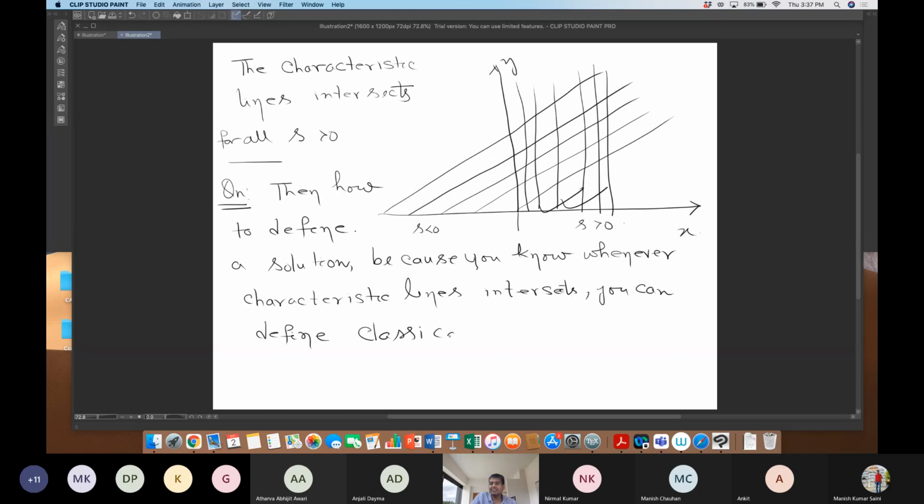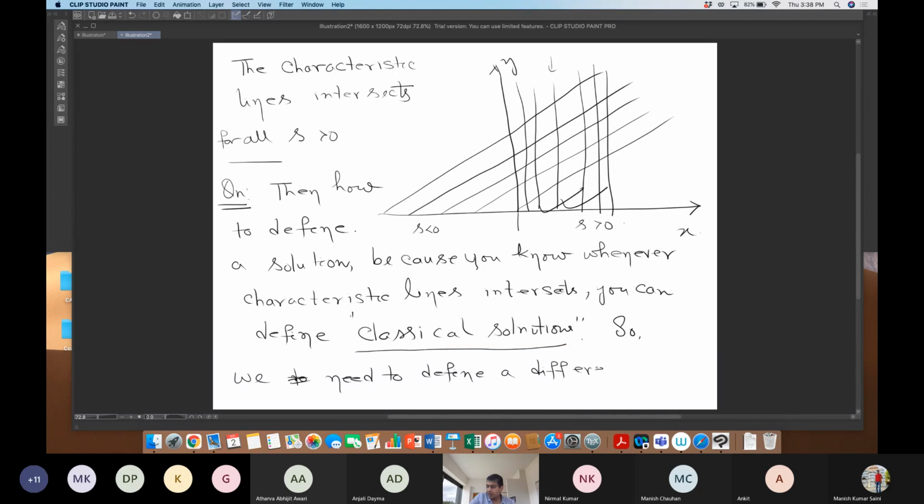You know what is the meaning of classical? That is a C2 solution, classical solution, smooth solution, pointwise sense solution. So for this type of case, when the characteristic lines intersect, we need to define a different notion of solution.